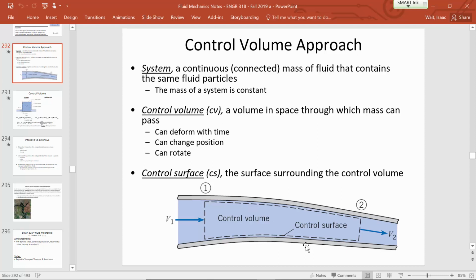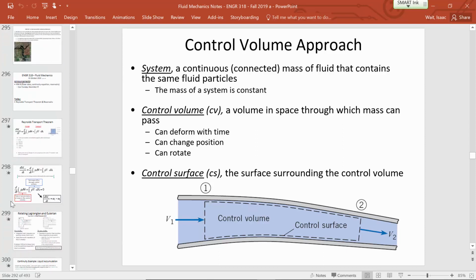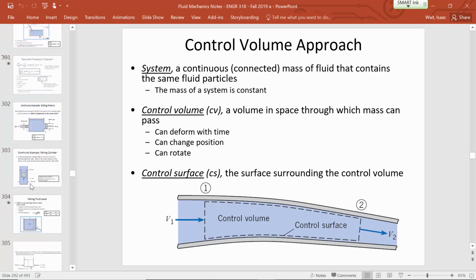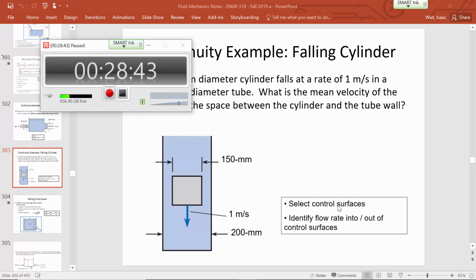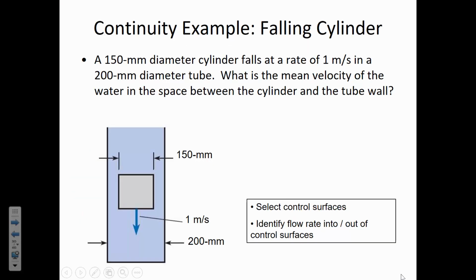Make sure that anything of interest in the problem that's flowing in or flowing out is going to do so through the control surface that you specify.